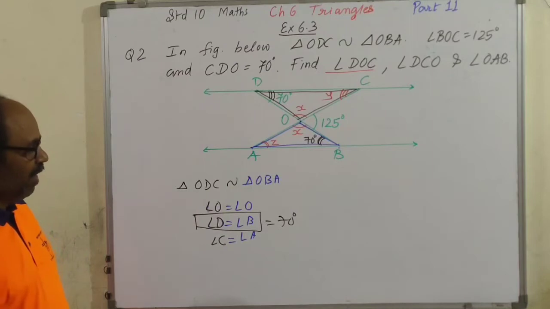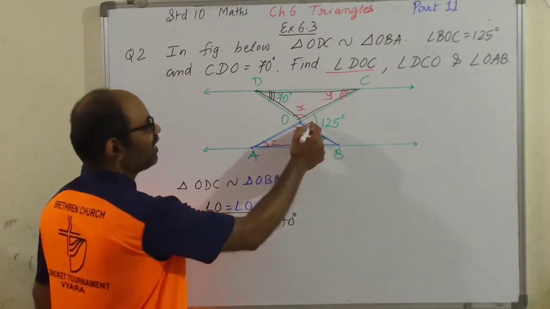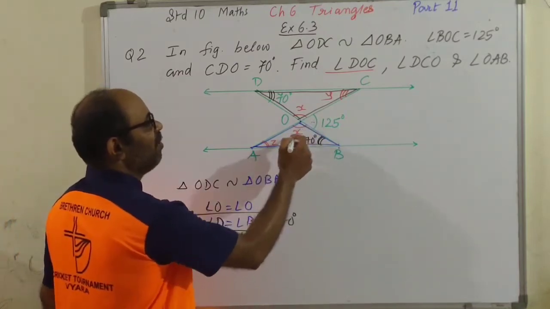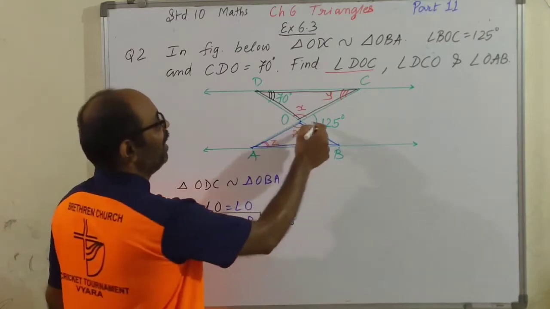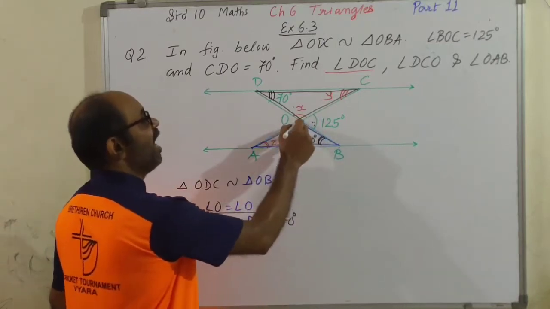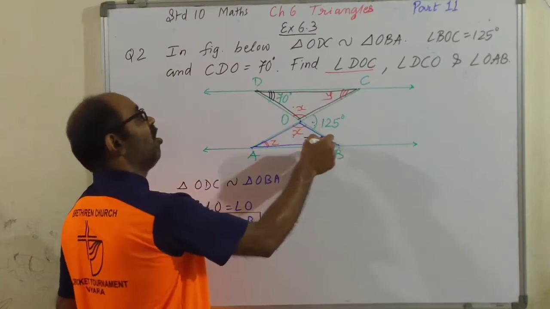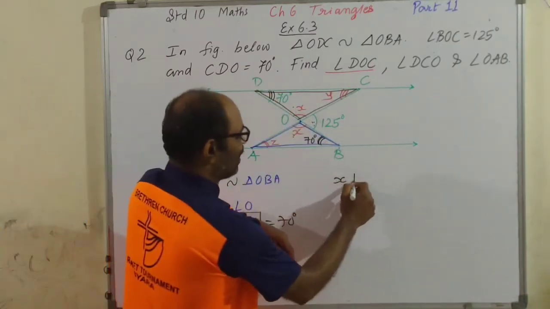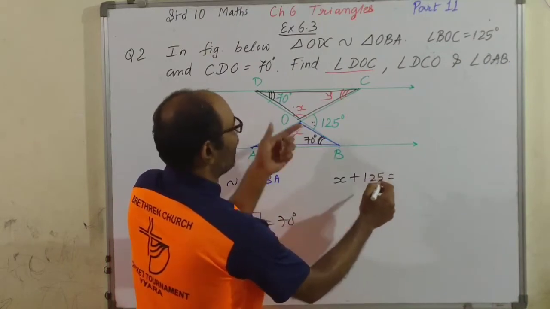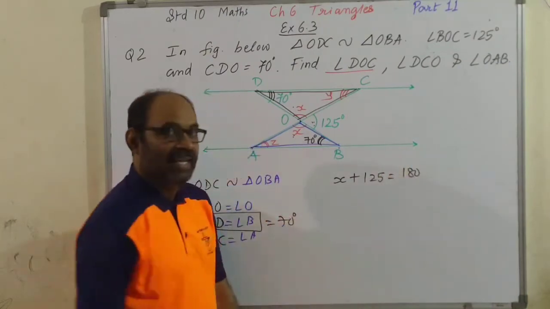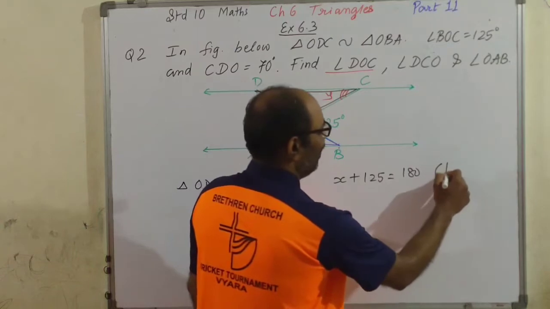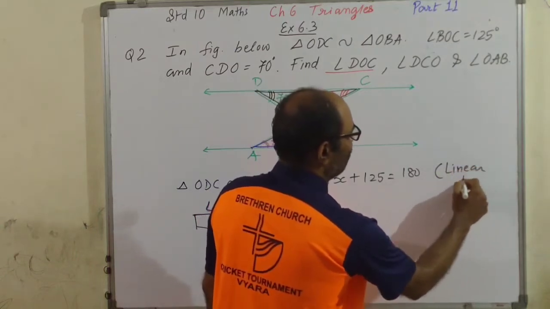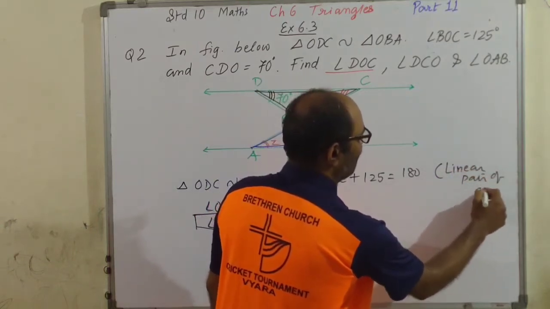Alright? We have to find, okay, this and this forms a linear pair. Are you getting me? Yeah, this and this. Ray OC stands on line BOD. So, X plus 125 is equal to 180. Linear pair of angles.